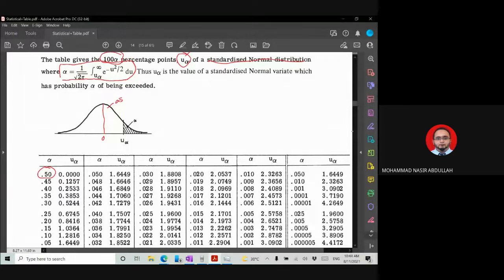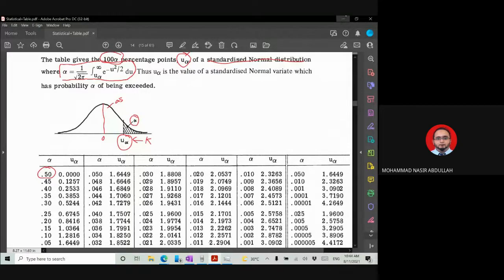So alpha here is the value of the shaded area, and mu alpha in our example is K, the value that we want to find.